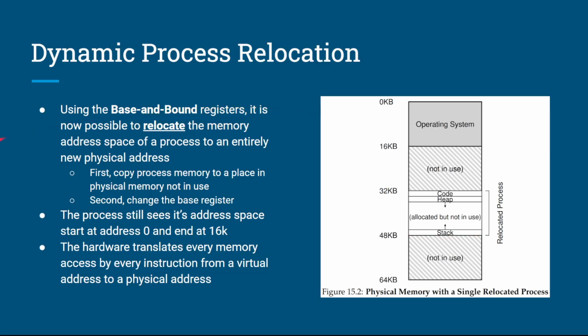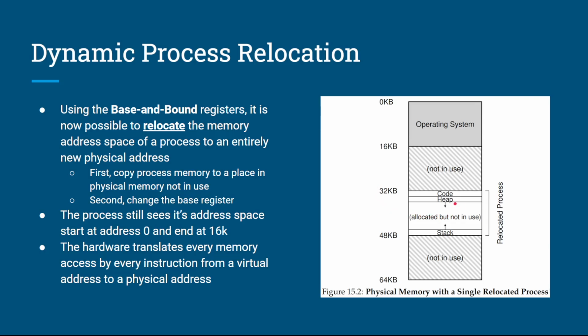So, using these base and bound registers, we can now relocate processes to an entirely different physical address. We see here that this process has an address space from 0 to 16K, located at 32 kilobytes of physical memory.